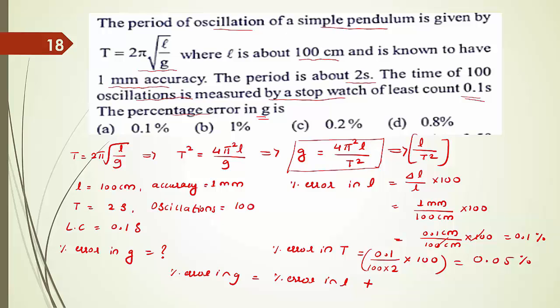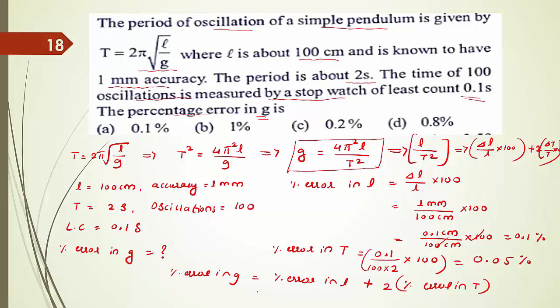So we can write ΔL over L into 100 plus 2 into ΔT over T into 100, that is plus 2 times the percentage error in T.